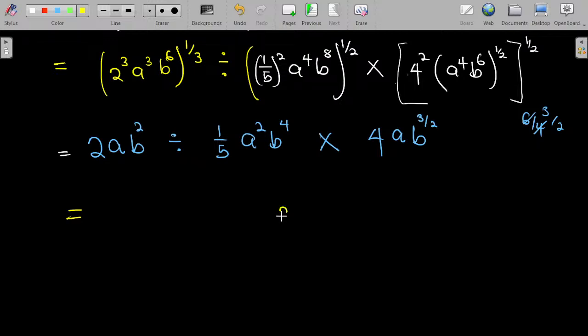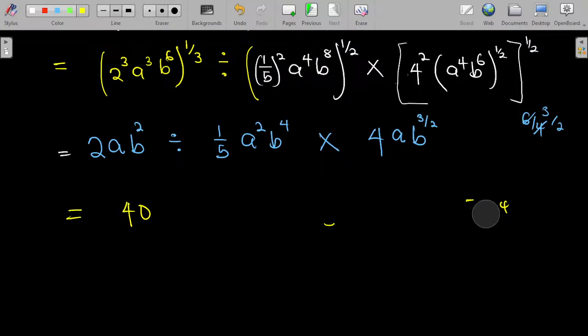So if 2 is divided by 1 over 5, let me put it this way, 1 over 5 and multiplied by 4. This is the same thing as 2 times, if we change, this will turn into 5 over 1, then times 4, which is actually going to give us 40.